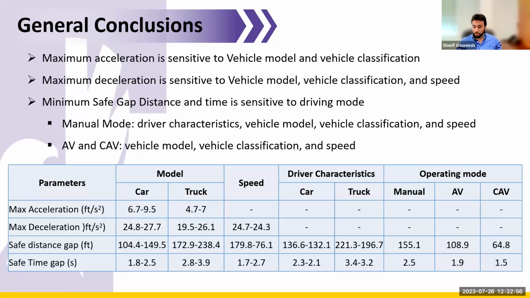And this table down here provides the different ranges that were obtained for the 4 investigated parameters: the maximum acceleration, deceleration, safe distance gap, and safe time gap, for the different truck types, car types, different tested speeds, as well as the driver characteristics and the different operational modes.